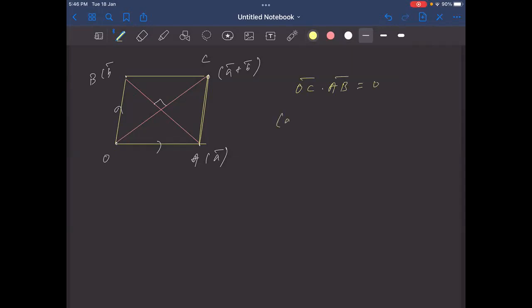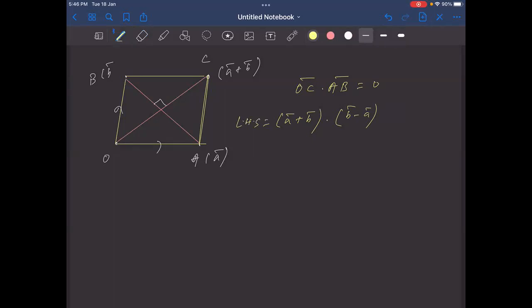What is OC? OC is A plus B, and what will be AB vector? A plus X is equal to B, so that will be B minus A. We have to prove that this is equal to 0. So this is LHS.